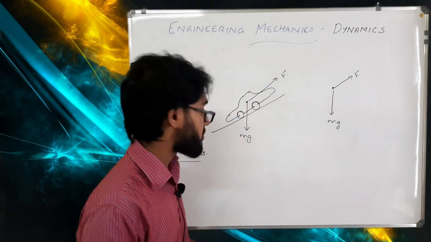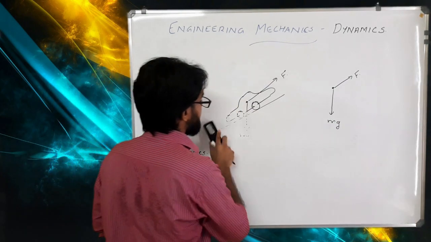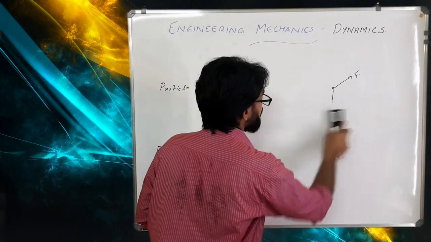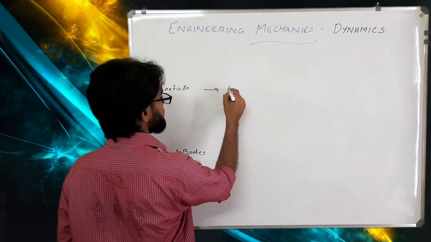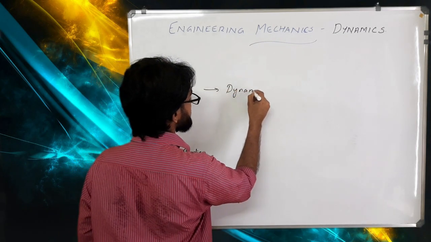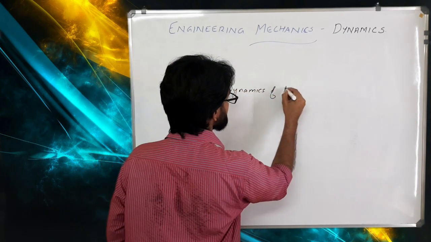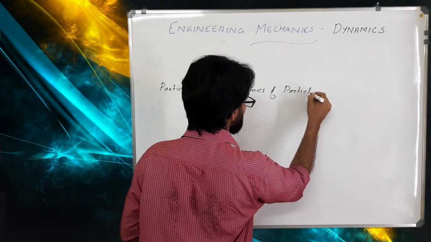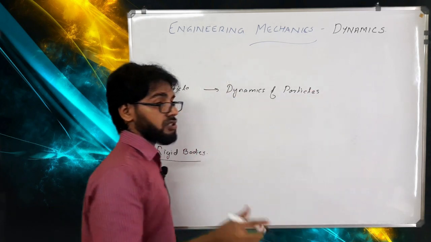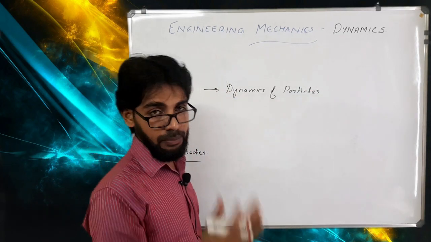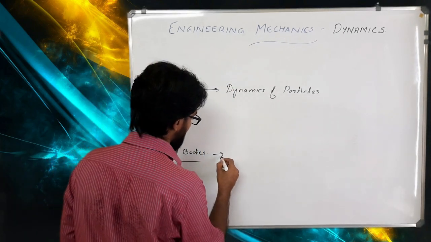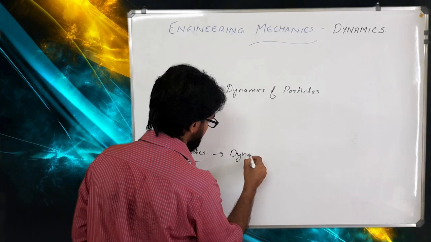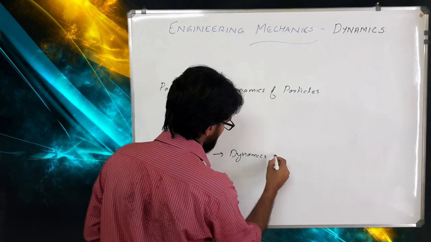Based on this criterion, dynamics can be studied under two heads. We have dynamics of particles, which involves kinematics and kinetics of particles, and you have the dynamics of rigid bodies.